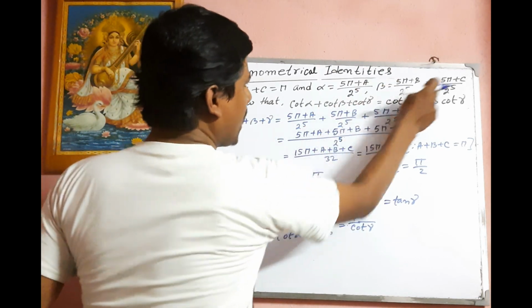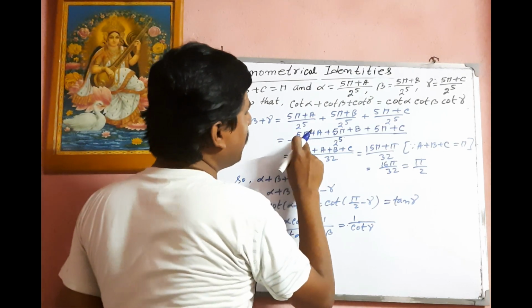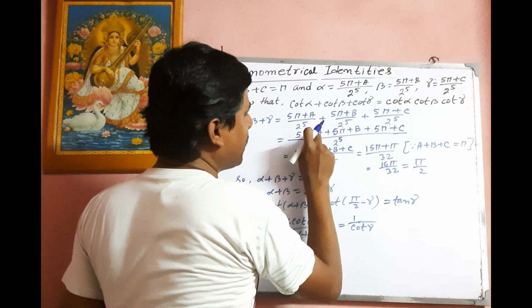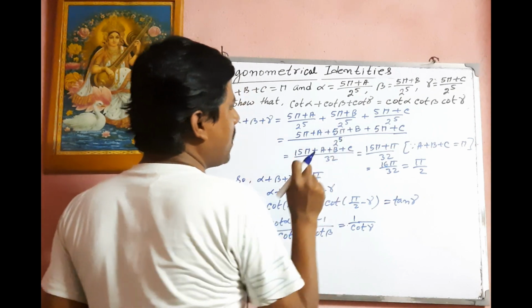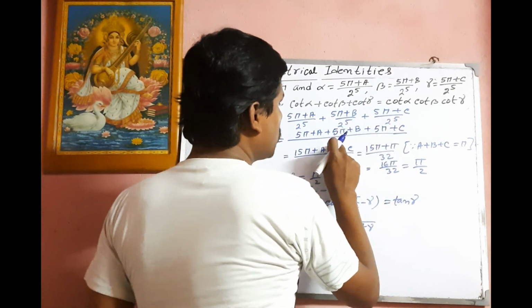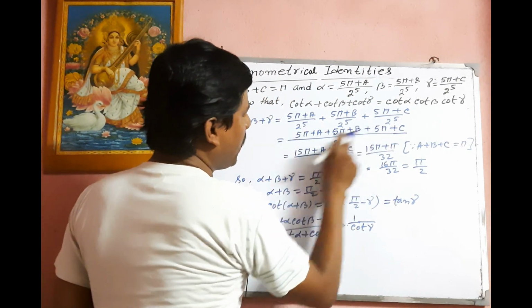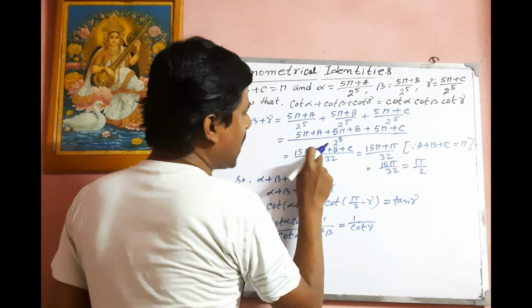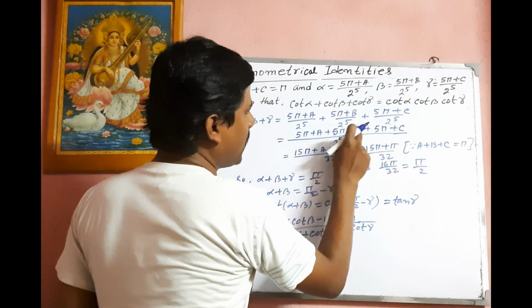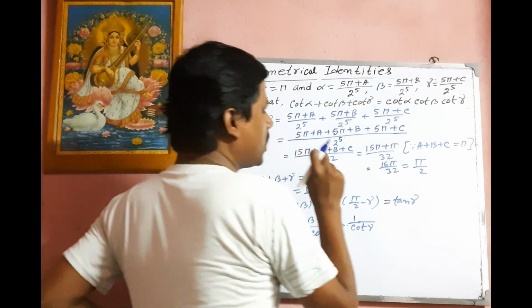the value of beta and the value of gamma, and calculating we get (5 pi plus A plus 5 pi plus B plus 5 pi plus C) divided by 2 to the power 5, and calculating, 5 pi three times is equal to 15 pi plus A plus B plus C, divided by 2 to the power 5, which is equal to 32.